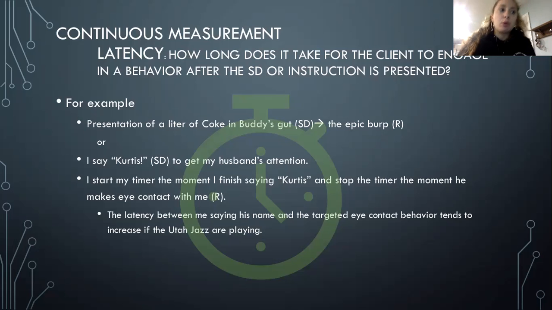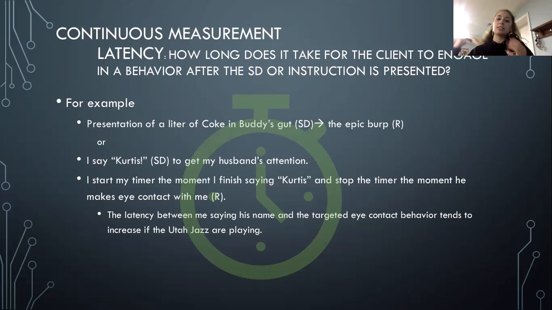Where this becomes important, I think, is, for example, I do have kiddos where we'll say their name to get their attention, and they have a natural latency where, in their programs, I'll write, say so-and-so's name, but wait 5 to 7 seconds before you mark it incorrect for eye contact.